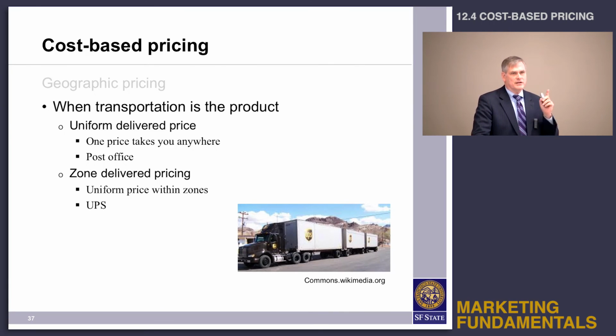Okay, and if I want to take the BART from here to Walnut Creek, $3.75, whatever. But the point is, I will pay more for it based on distance. That's zone pricing again when transportation is the product. Uniform delivered price is really simple to administer, and zone pricing is kind of a variation. It's easy to administer within groups, but there are different tiers of service.